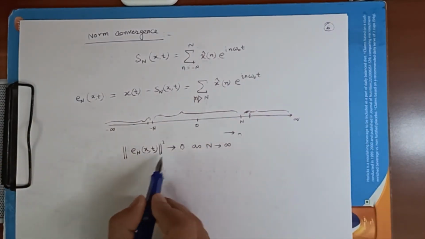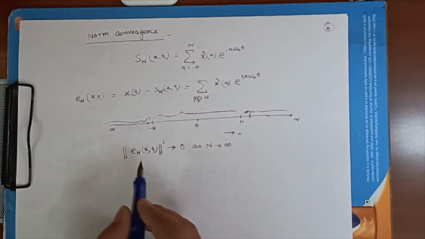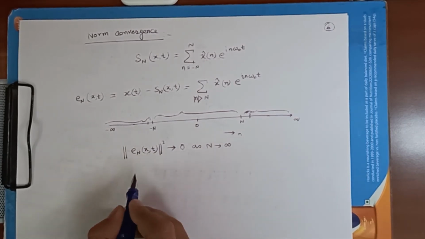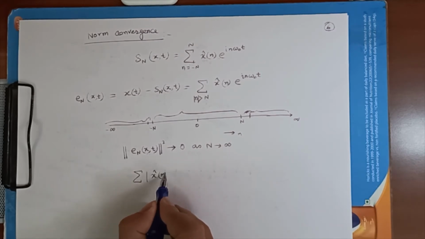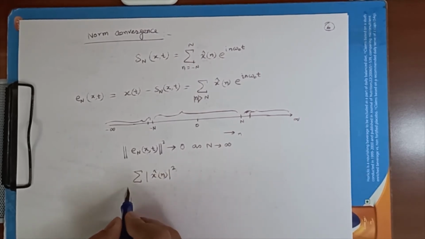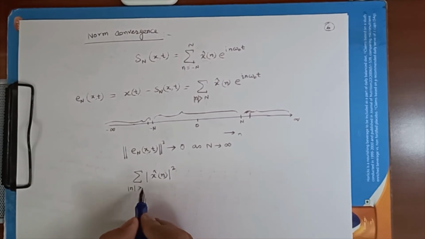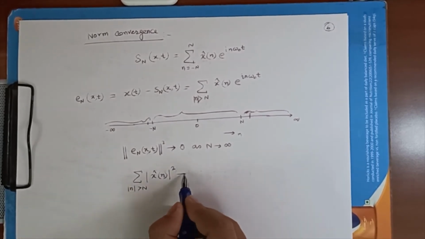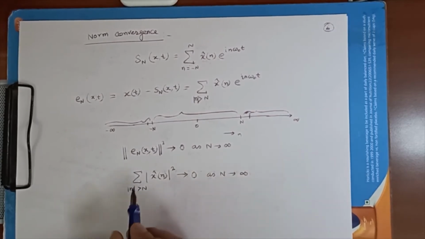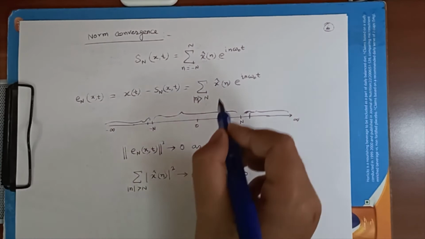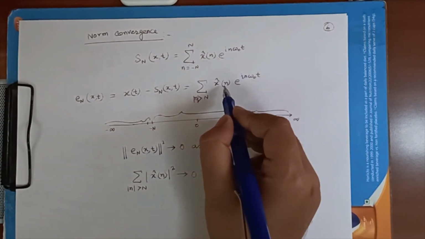So we can apply Parseval's theorem here. This energy is essentially equal to the summation of x hat n squared for modulus n greater than or equal to capital N. This should go to 0 as N tends to infinity. So this is something which is comparatively easy to check, because you can compute x hat n easily in an analytic form.